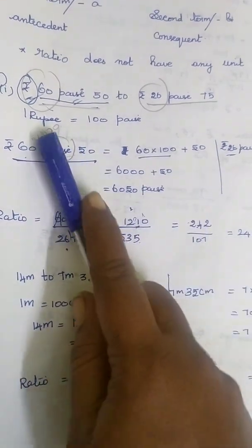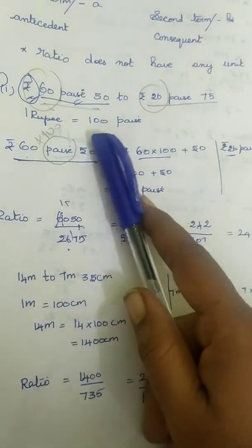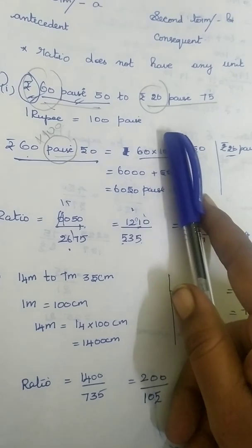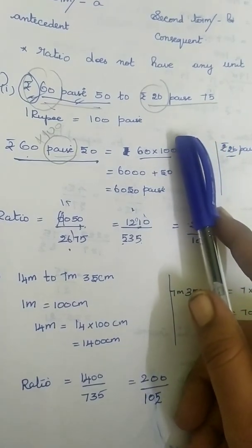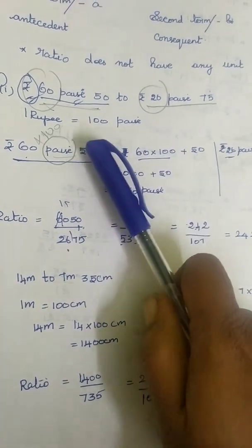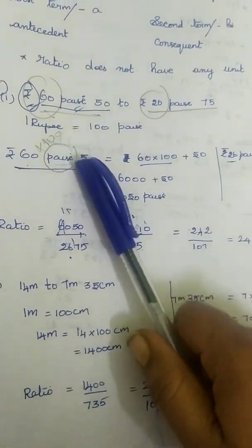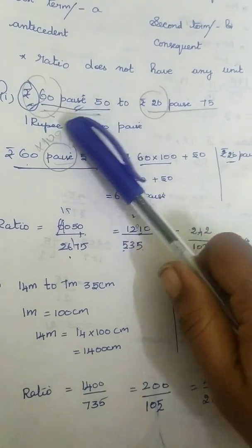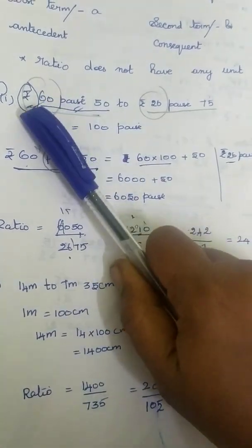If you see the second problem, your question is rupees 10 paise 50 to rupees 26 paise 75. So we are going to convert this into paise. We will keep the paise as it is, and convert the rupees into paise.